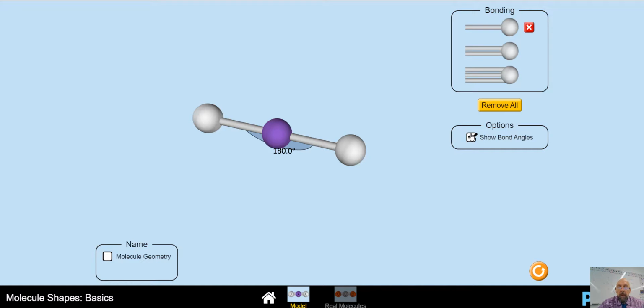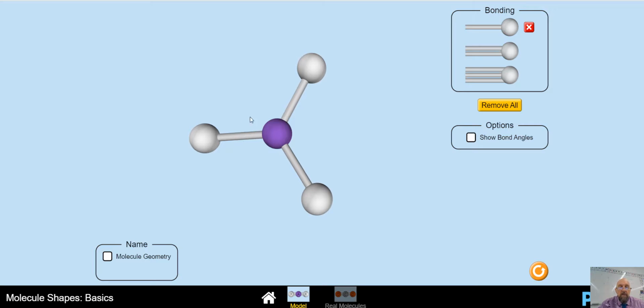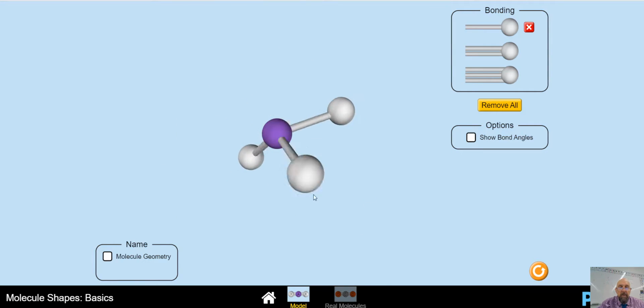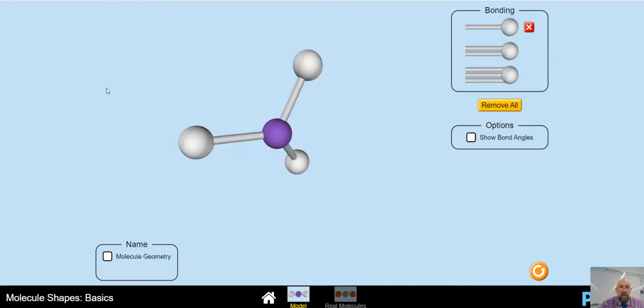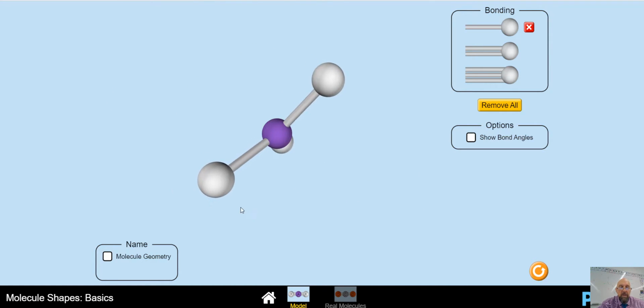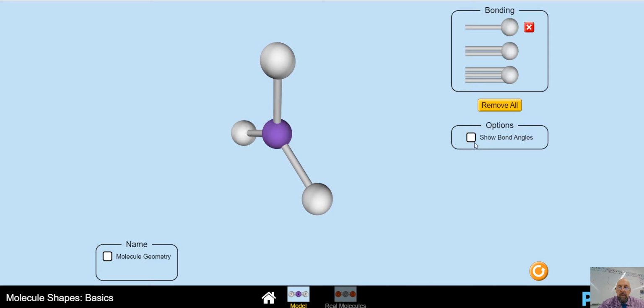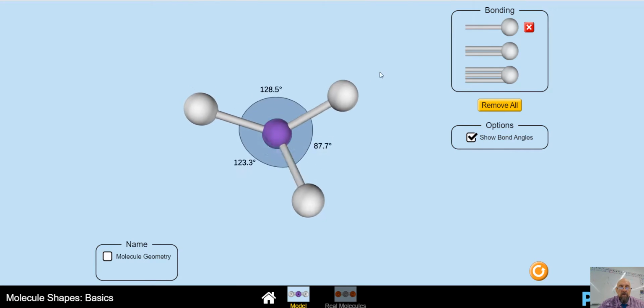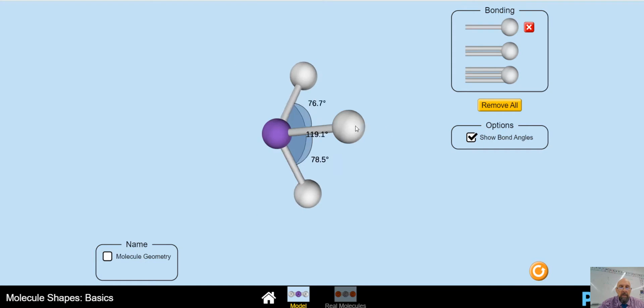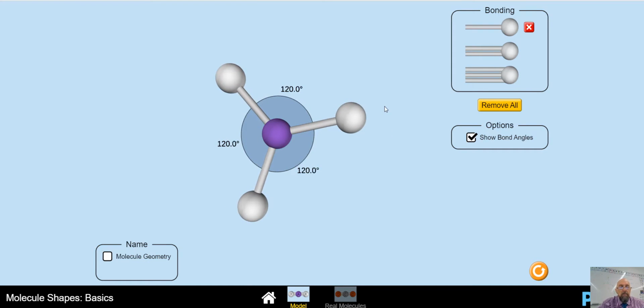Okay, now we introduce a third set of electrons. So now we've got 1, 2, 3 bonds, 3 sets of electrons. No matter how hard I force this, if I show the bond angle and try to move that atom closer to that one, it doesn't let me do it. This is always going to be 120 degrees because that's the furthest apart.